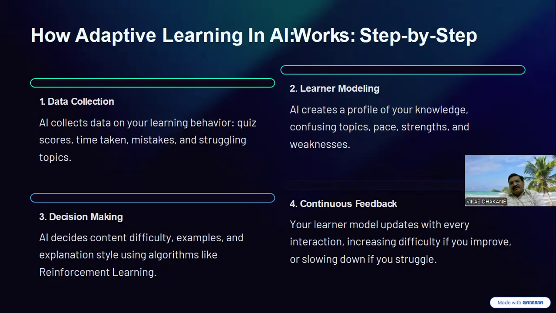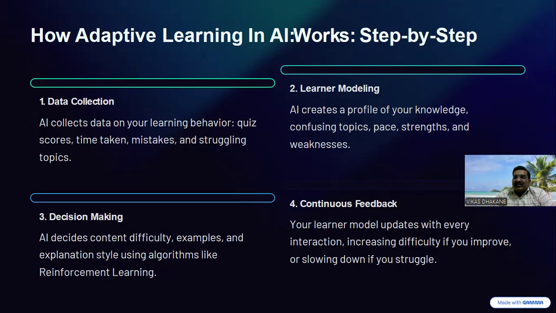Means what? If you have done very well in the previous question set, the next question given to you from the AI system will be more difficult. If you are struggling in the previous question set, in the next question set, the difficulty will be less.